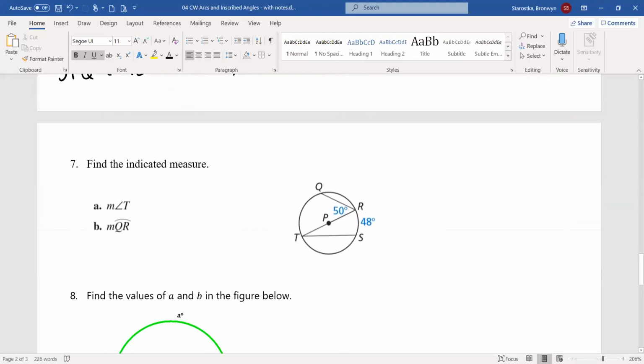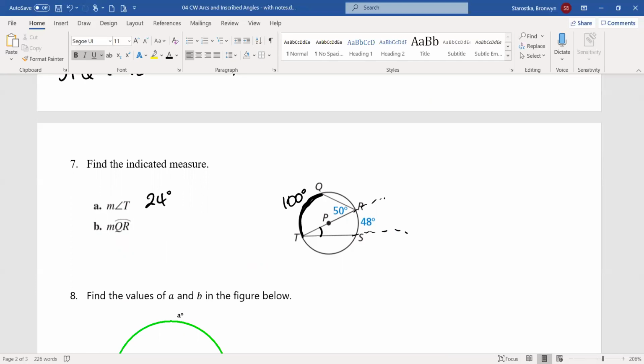Let's find some of these. Let's do a little bit of practice before you have to do it on the homework. Angle T right here. What is the measure of angle T? Arc QT, we're talking about this arc right here, is 100.